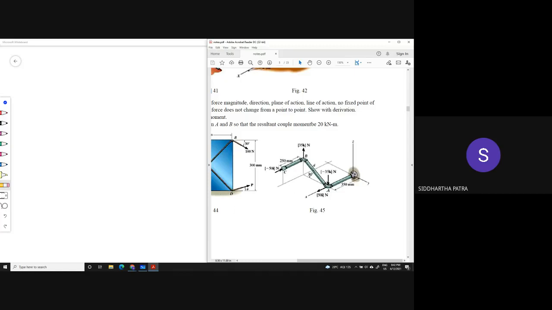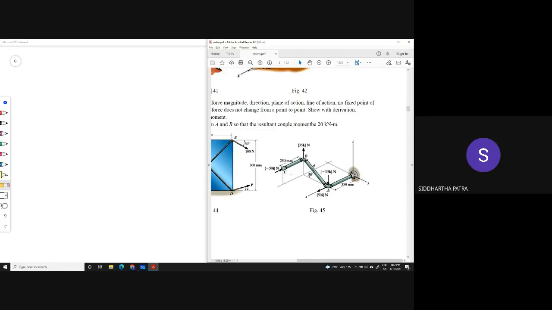So this problem statement here is, of course, the moment due to two forces, two couples. There are two couples, so the moment due to one couple is not in the same direction as the moment due to another couple.